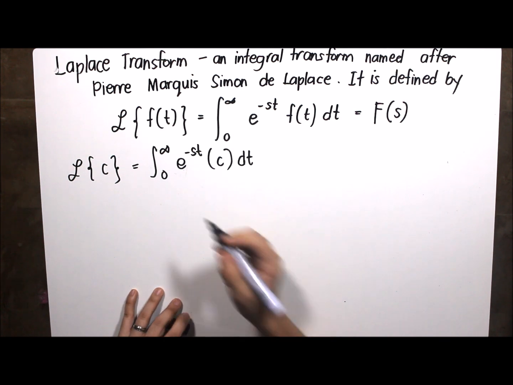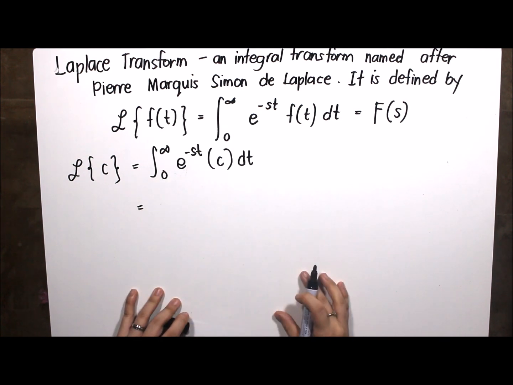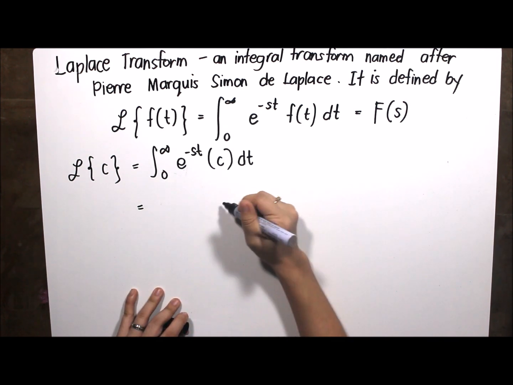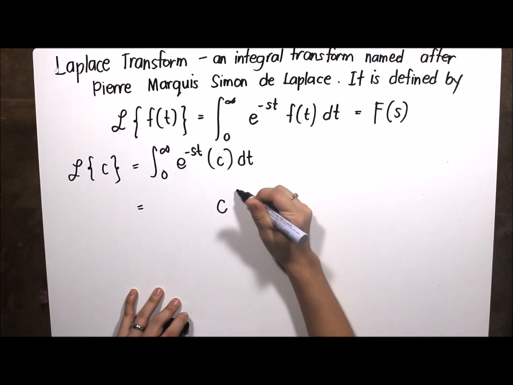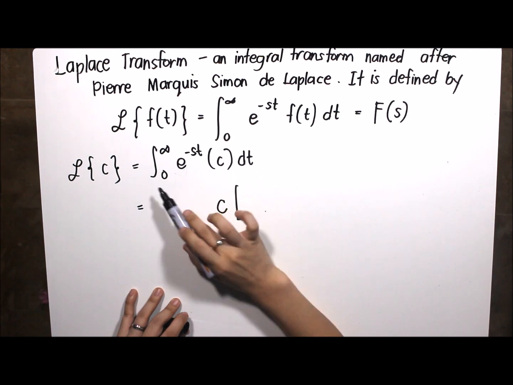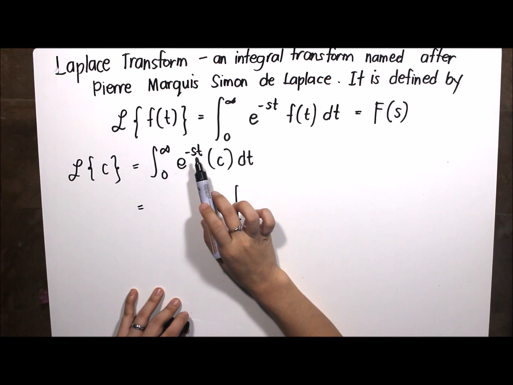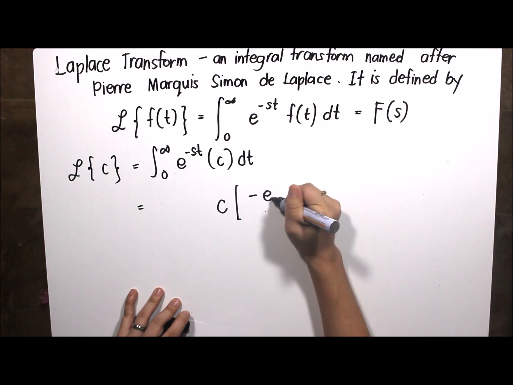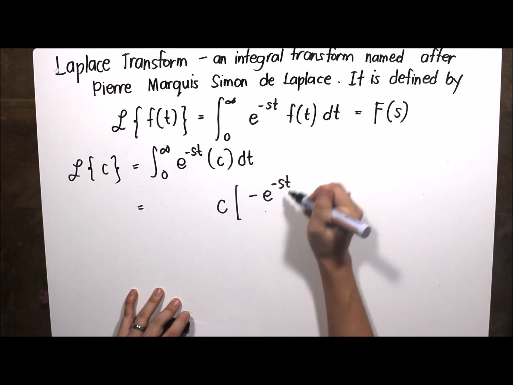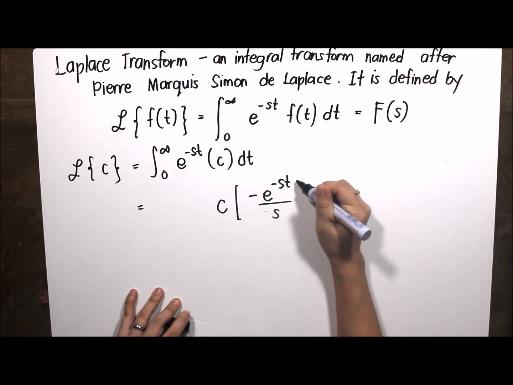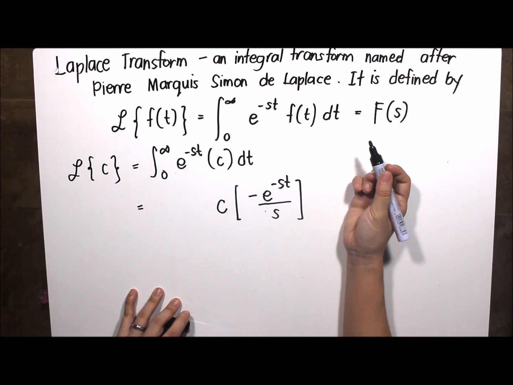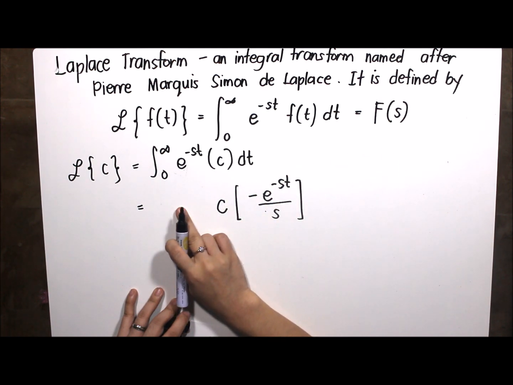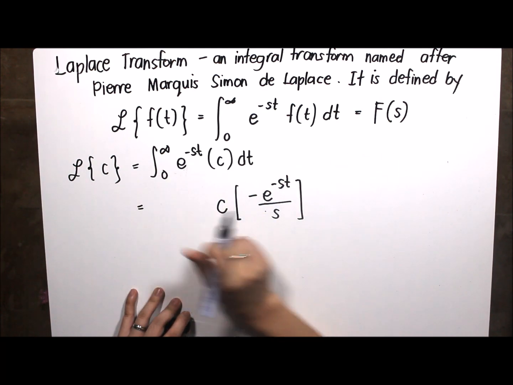Applying this, we'll have the constant multiplied to the integral of e raised to negative st. So that would be negative e raised to negative st all over s. Applying the definite integral with limits of 0 to infinity.